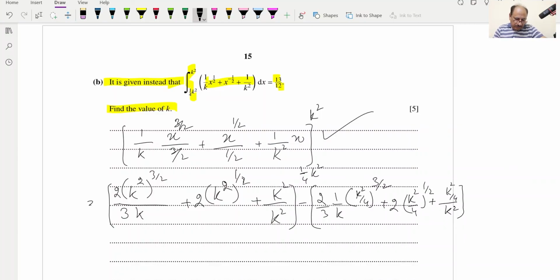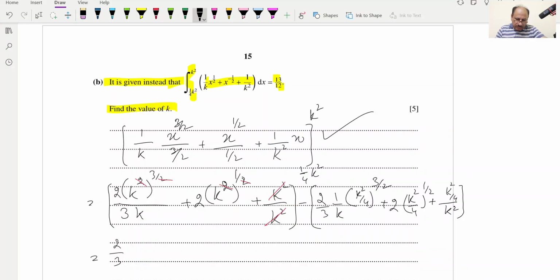Now we can rewrite: 2 over 3, and we can cancel this 2 and 2, and further we can cancel this one. So we will clear this step first, then we'll go ahead.